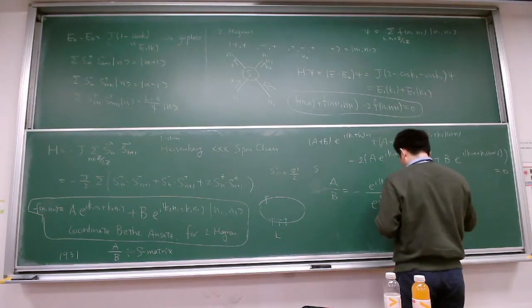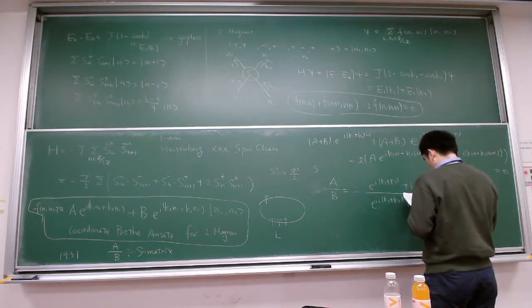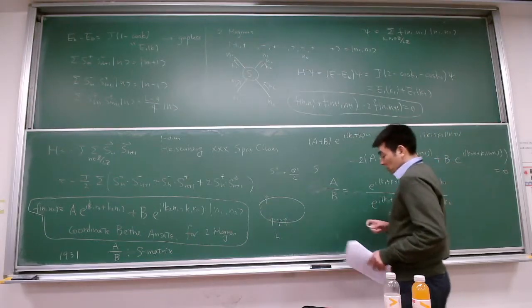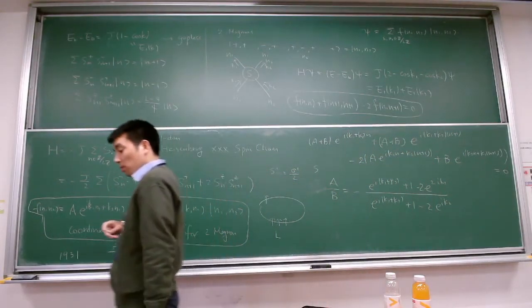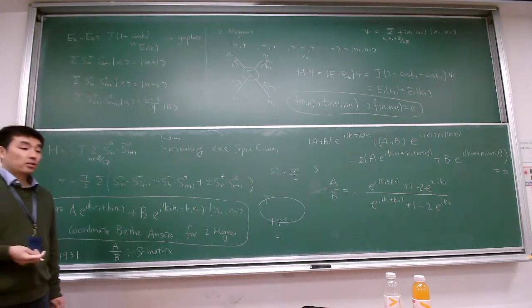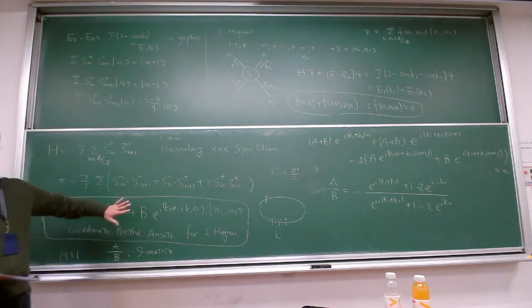Sorry, I missed 2 here. So this is the two-magnon scattering amplitude exactly derived, if you assume this wave function.